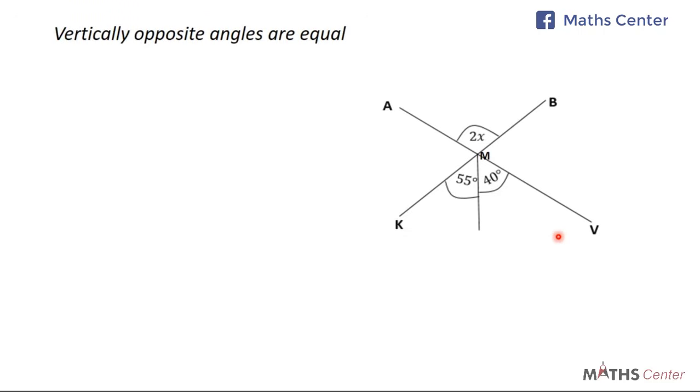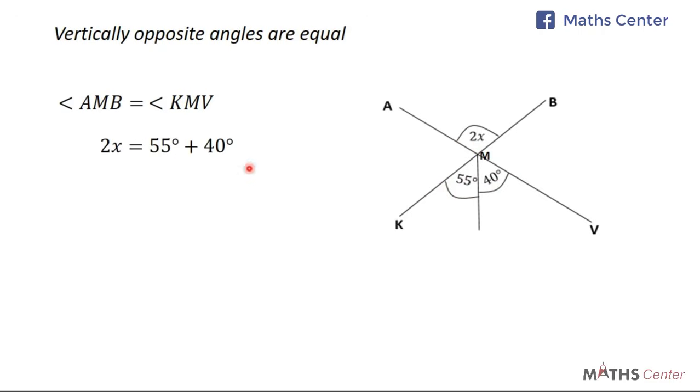So we say that vertical opposite angles are equal, and angle AMB, which is this angle here, 2x, is equal to angle KMV. Angle KMV is made up of two angles, 55 degrees and 40 degrees. So the whole angle here is equal to the whole angle here.